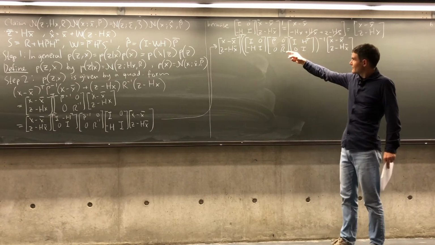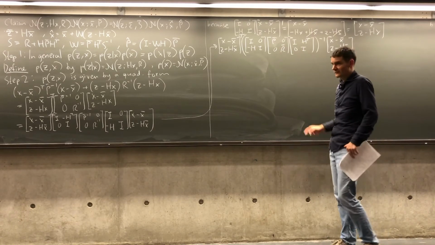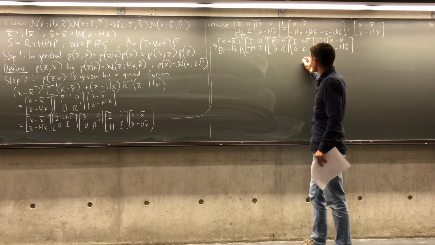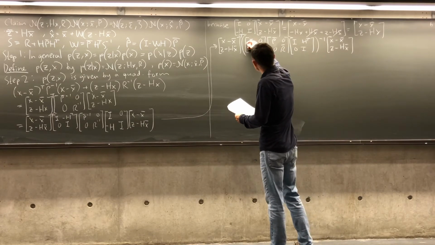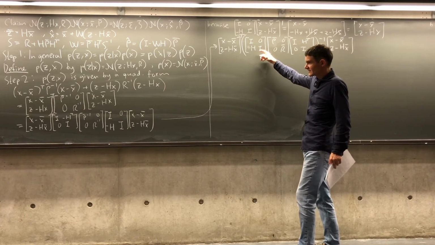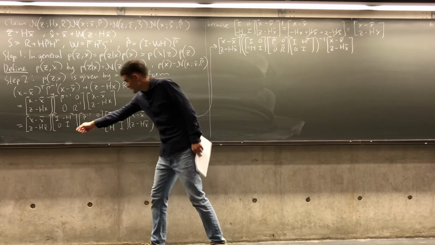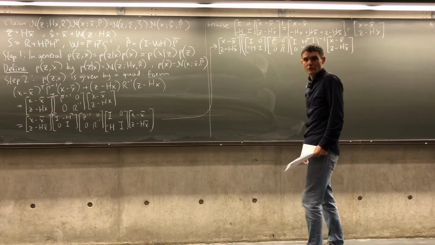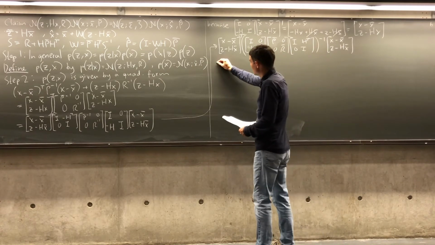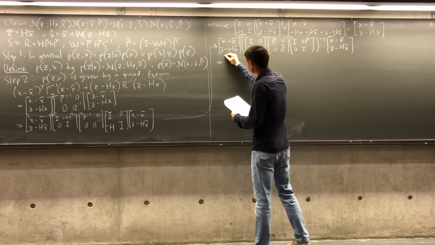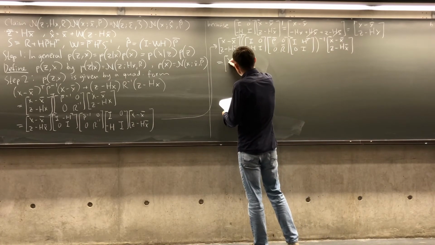Well, when I start inverting this thing, then eventually at some point I have to reorder the matrices. When I invert this matrix, I end up with this. It's a standard rule for inversion of block diagonal matrices. And now it just remains to multiply all of that together. So I get x minus x bar again, z minus H x bar.